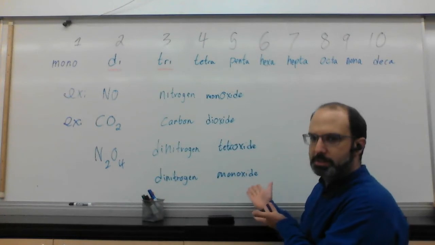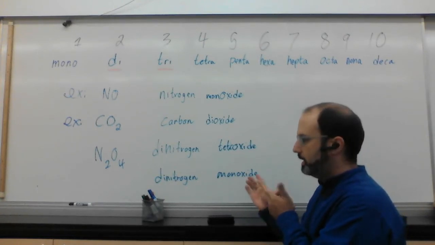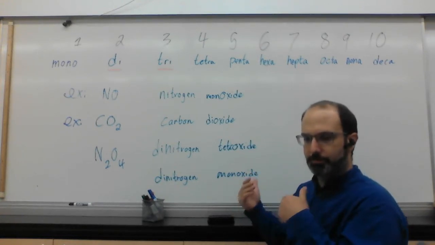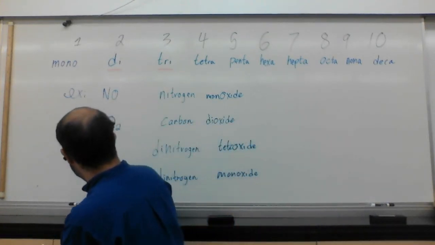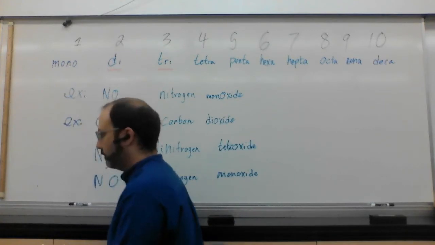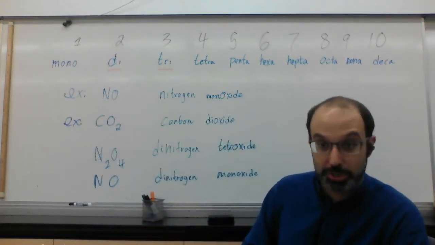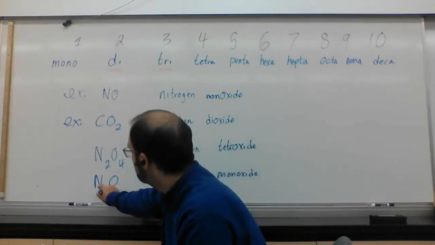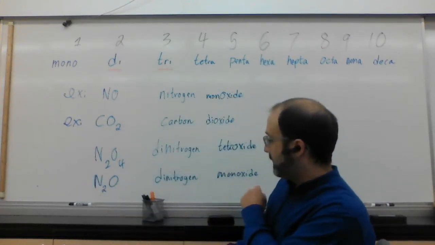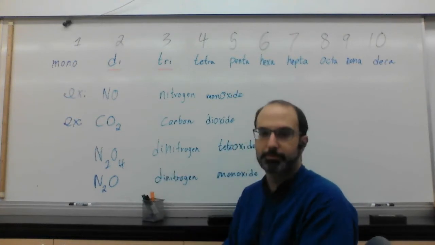Dinitrogen monoxide. It's got nitrogen and it's got oxygen. Those are the two elements. Okay, we immediately write those down. Nitrogen, N, oxygen, O. How many nitrogen? It tells you. Di, 2. How many oxygen? Mon, 1. Done.